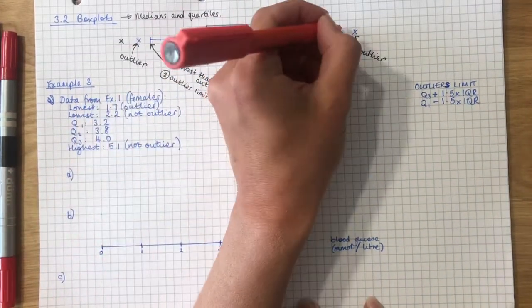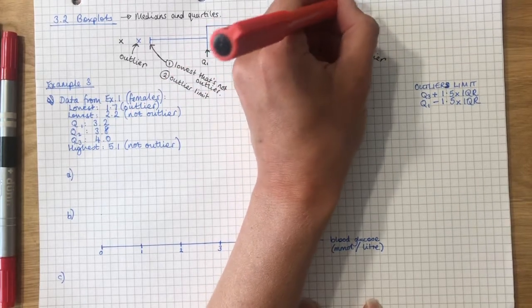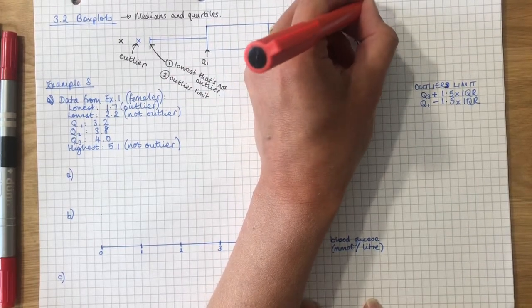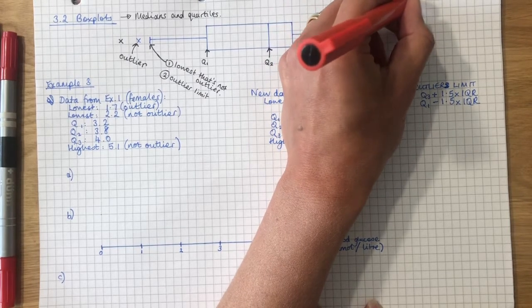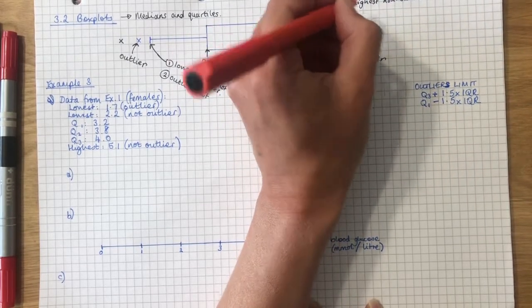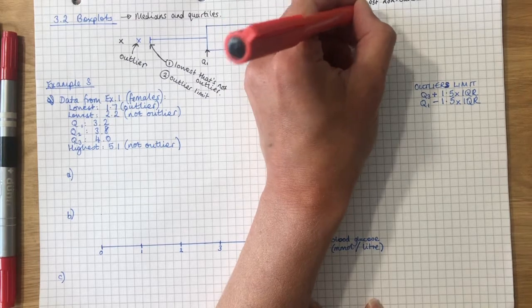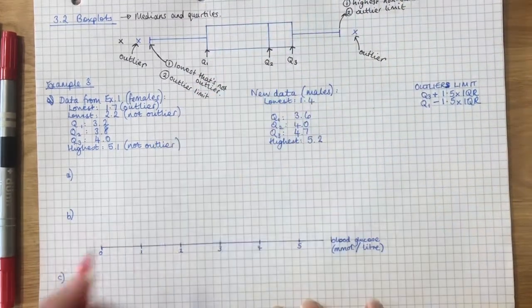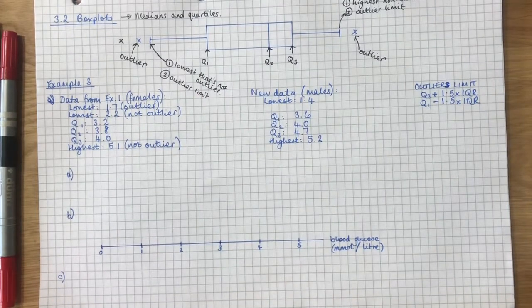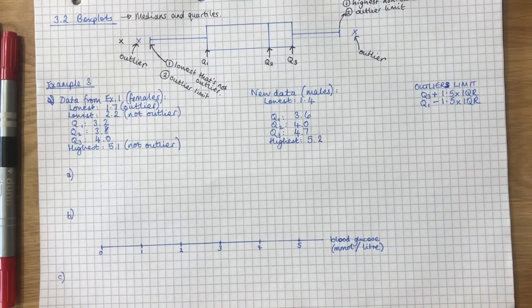And the same thing happens up here. You'll go either to your highest value that's not an outlier, or if you don't know what that value is, you'll go to your outlier limit. That outlier limit is the thing that you calculate using 1.5 times the interquartile range.